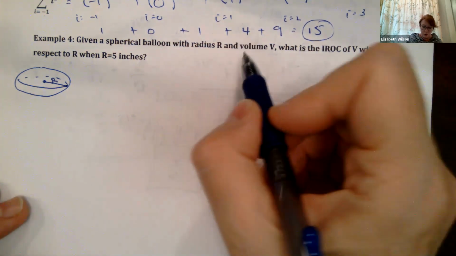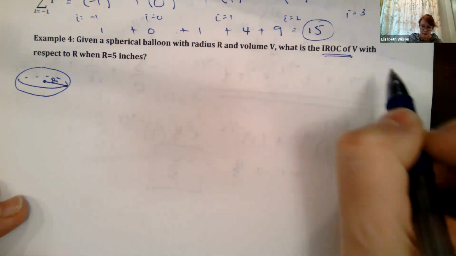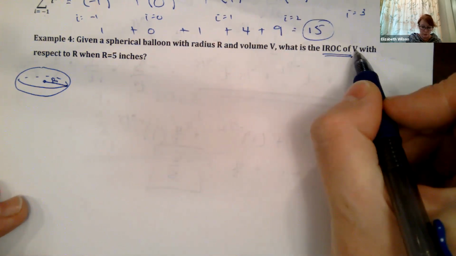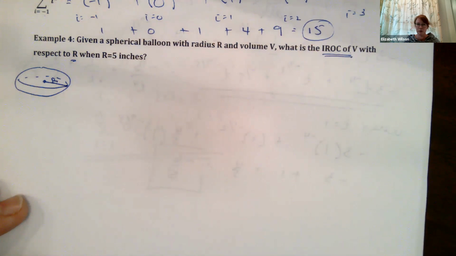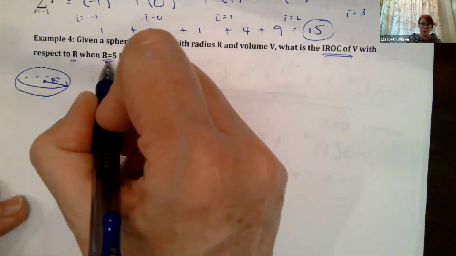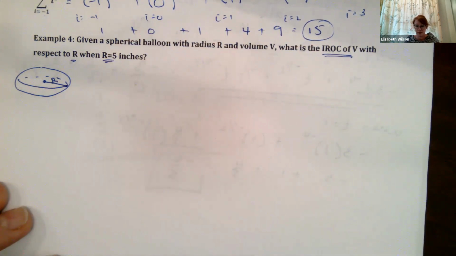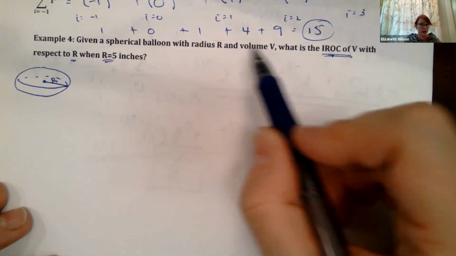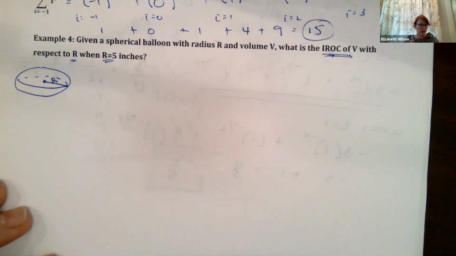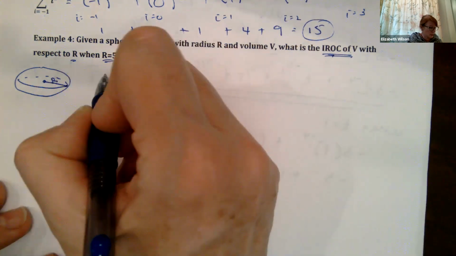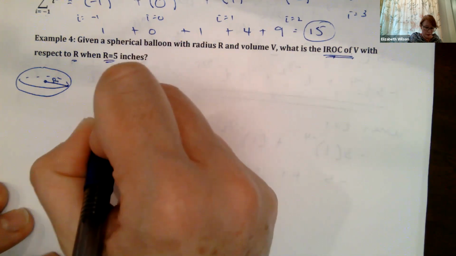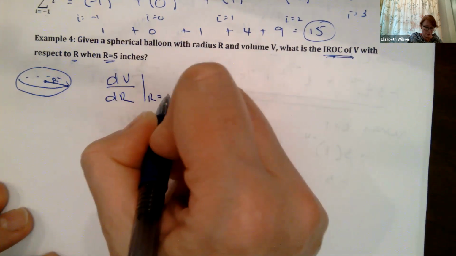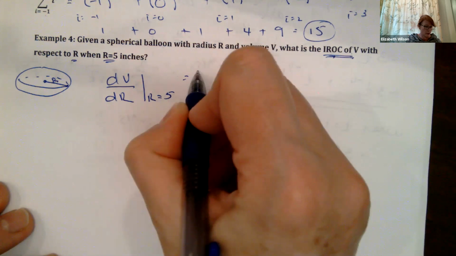So what is the derivative of our volume with respect to the radius when the radius equals 5? There are two different pieces here. One is I need to figure out my rate of change of volume with respect to the radius. Once I figure out what my derivative is, then I'm going to plug in r equals 5 and see what I get. So dV/dr when r equals 5. I'll write it like that. That's my big question mark.